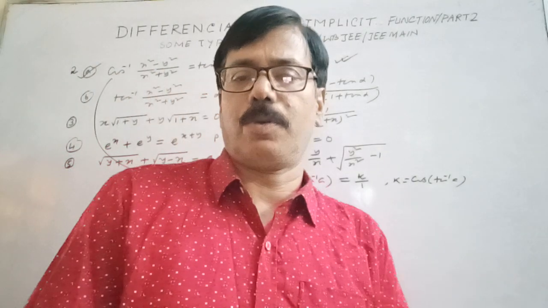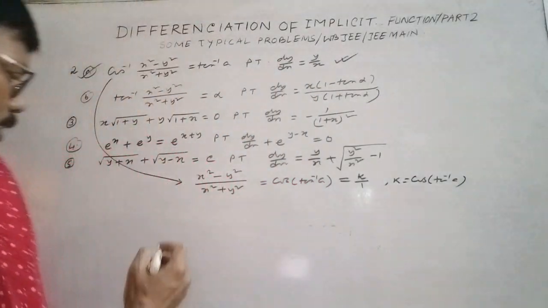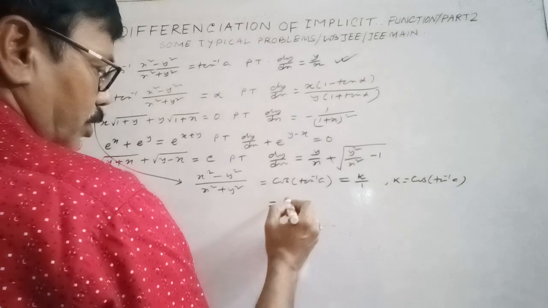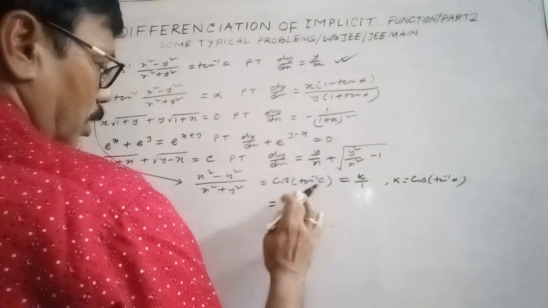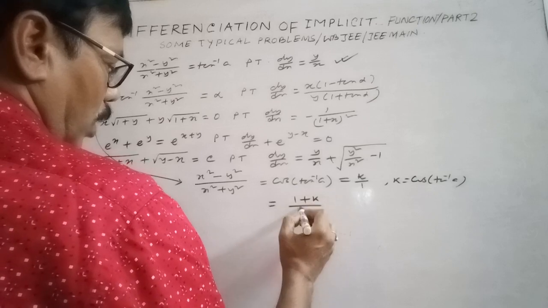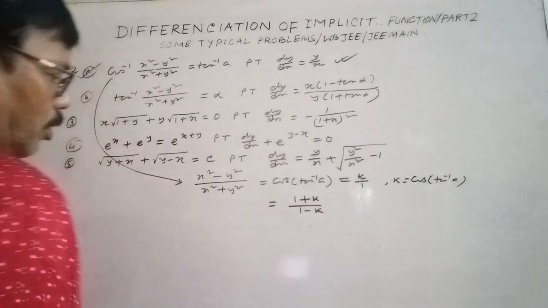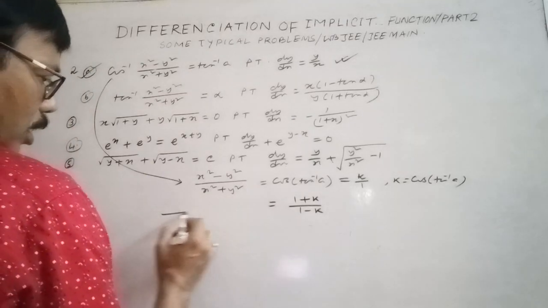Now this is x square minus y square, this is x square plus y square. For this type of problem, you have to use componendo and dividendo. So suppose this is k, we get 1 plus k and 1 minus k, because this is x square plus y square.